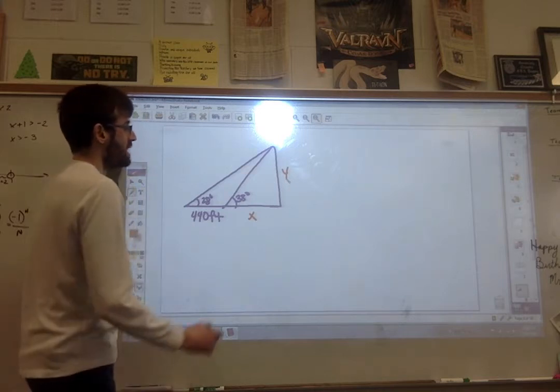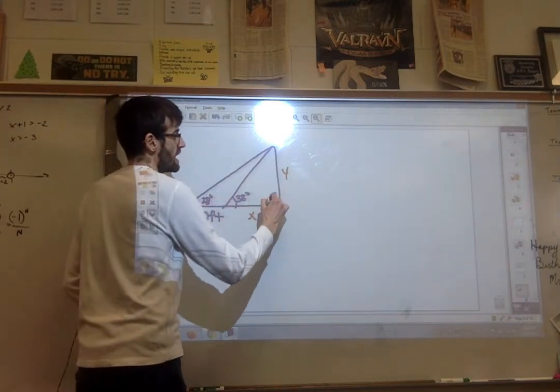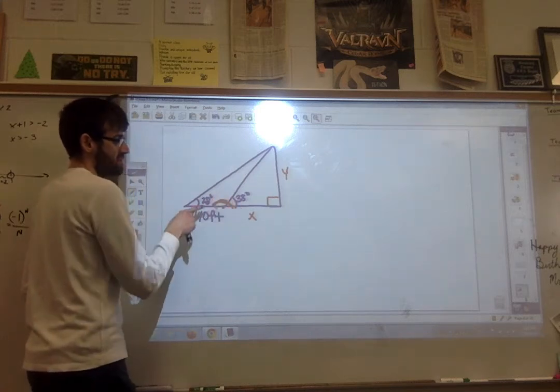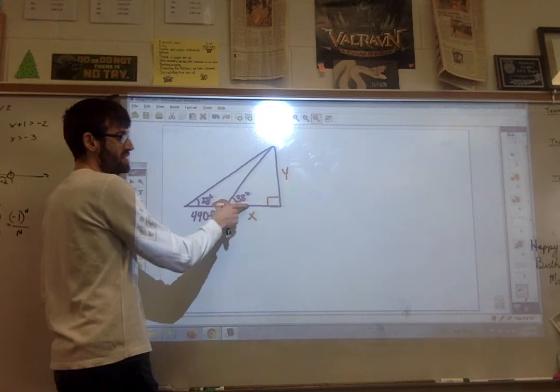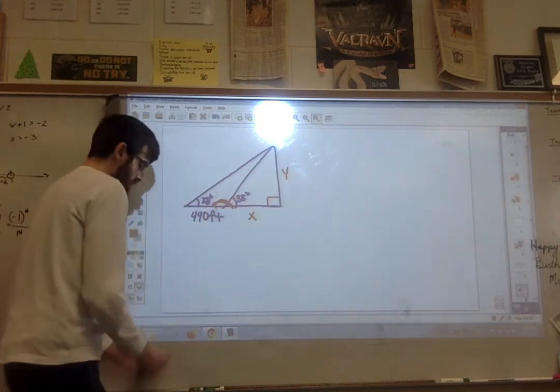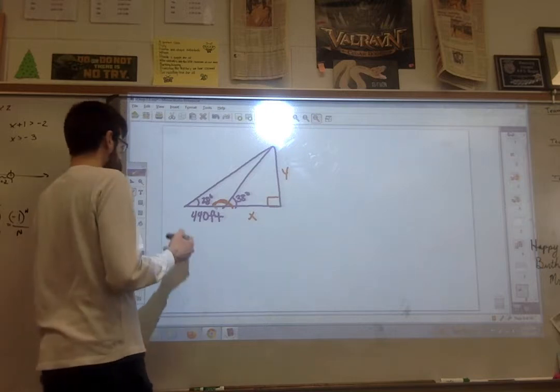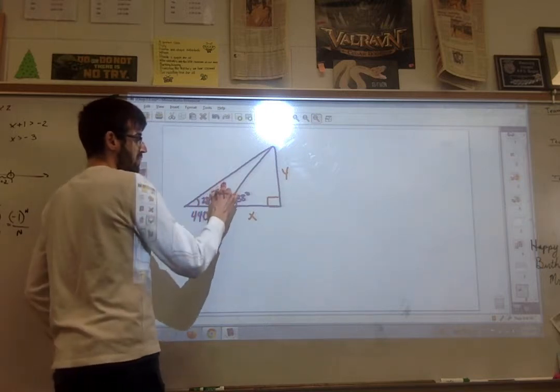First thing I'm going to do is I know that this is a right angle. I know this is going to form a line, so there's 180 degrees in a line. So I'm going to take 180 minus 38 and get 142. So I know this is 142 right here.